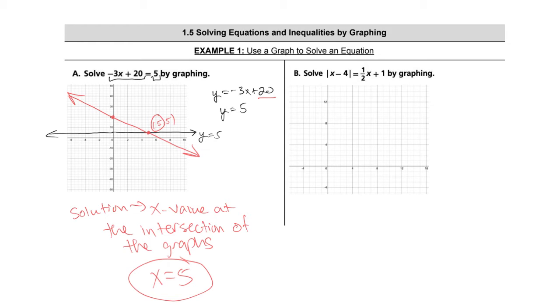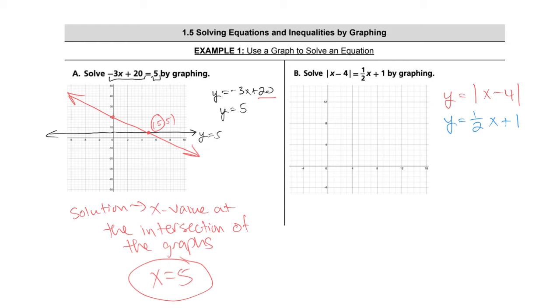Now this next one, we'll see that we have one line and then we have an absolute value function. So I'm going to rewrite them as y equals absolute value of x minus 4, and then y equals the other side, which is 1/2 x plus 1.